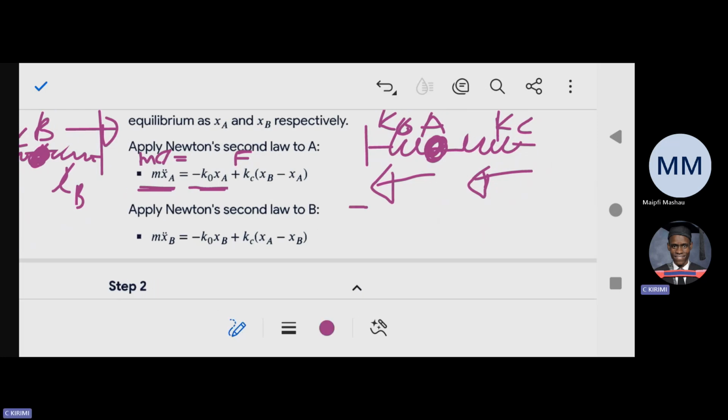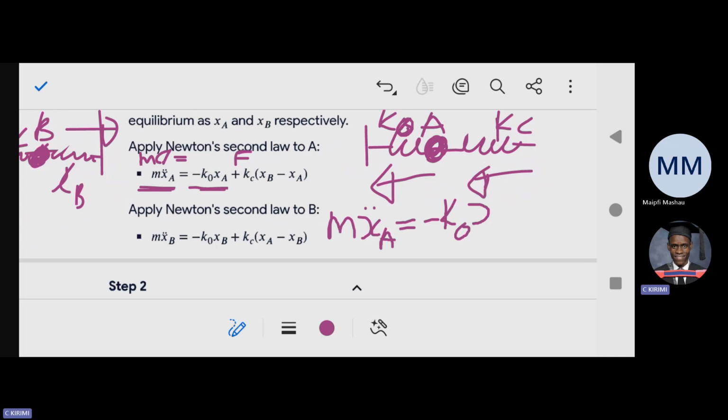So if it's like this, the total force is going to be F. It's a good question. I was going to write it like this. Mass times acceleration, two dots, of ball A only, is going to be equal to minus K naught, of the first spring, this one, constant, applied by the displacement which I moved.